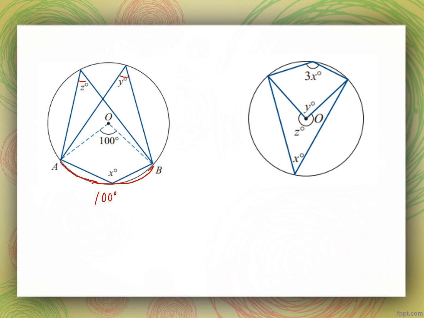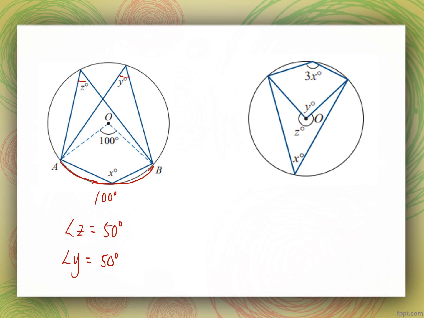The intercepted arc is 100 degrees, so therefore angle Z and angle Y are 50 degrees, half of that. So we already have angle Z and angle Y.